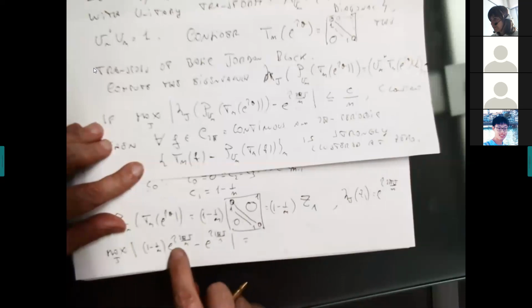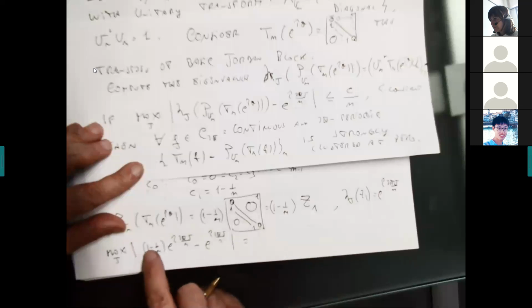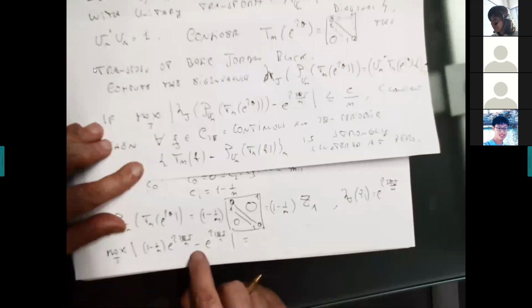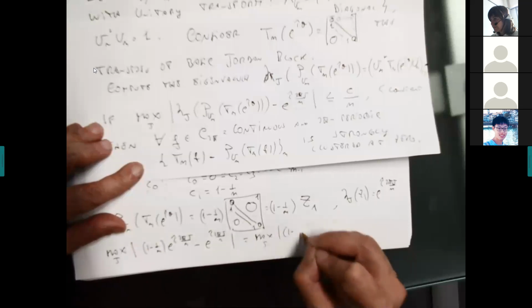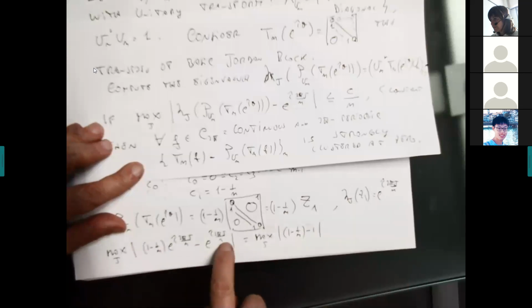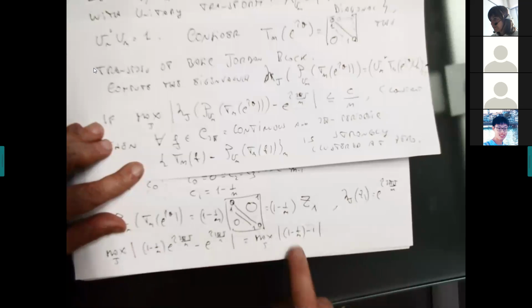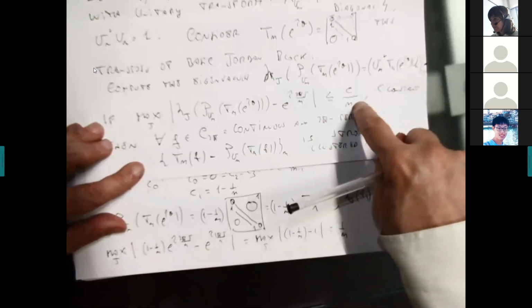If you put in evidence this, the modulus is 1 minus 1 over n minus 1. So it is max over j of 1 minus 1 over n minus 1, because the modulus of this, which can be put outside, is equal to 1, which is 1 over n, which satisfies the assumption.